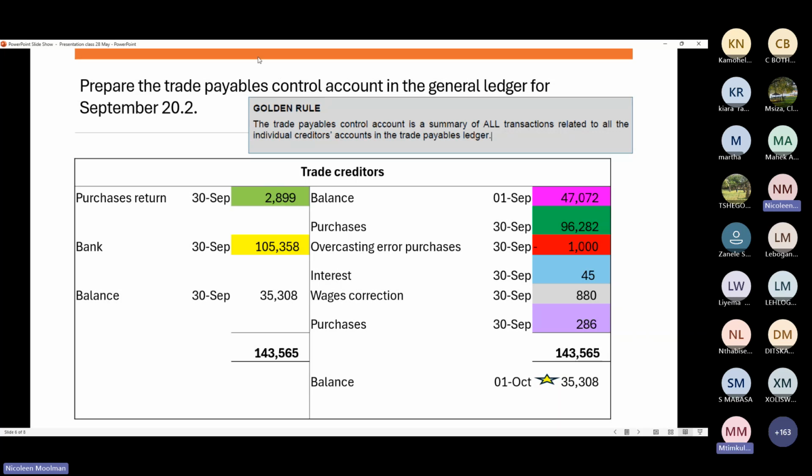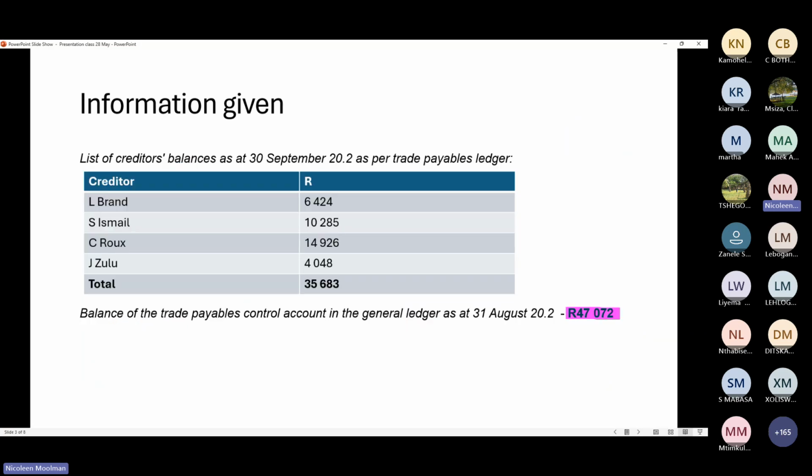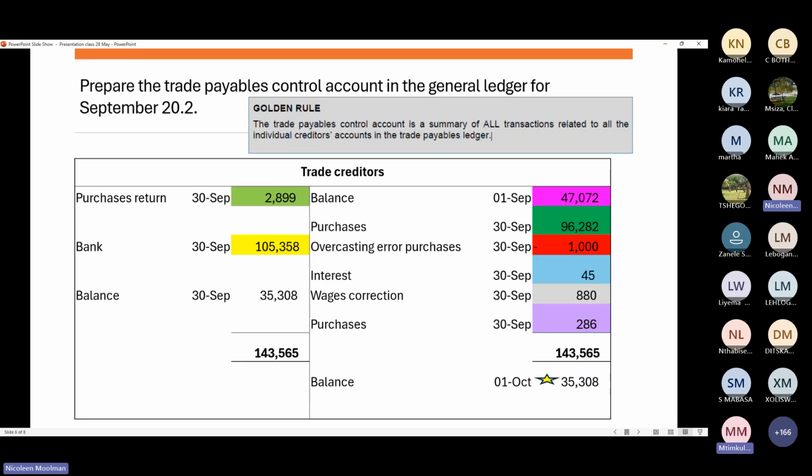We will start with your opening balance at 1 September, and the balance of 47,072 was given to you in the information provided. 47,072 was the closing balance at the end of August 22. So that's the opening balance, color coded in that pinkish color.